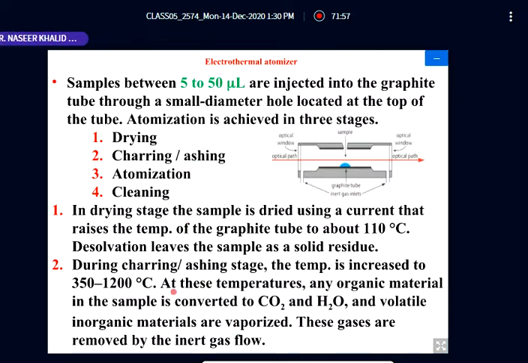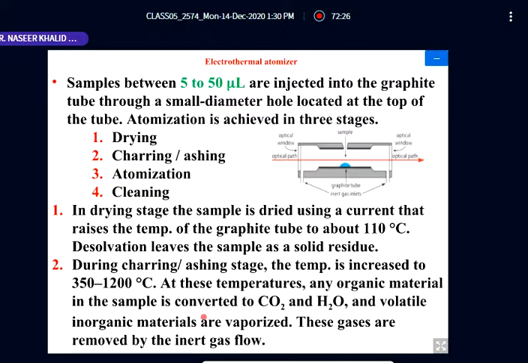Next, the charring process, or the ashing stage. In the charring process, the temperature is increased from 350 to 1000 degrees centigrade, a very high temperature as compared to the drying temperature. At these temperatures, the organic matter, if it is present in the sample, is converted to what? Carbon dioxide as well as water vapors.